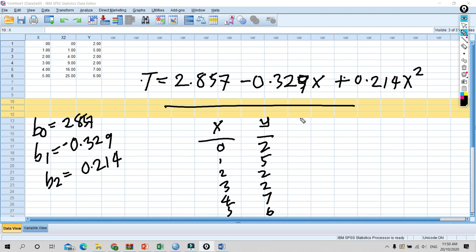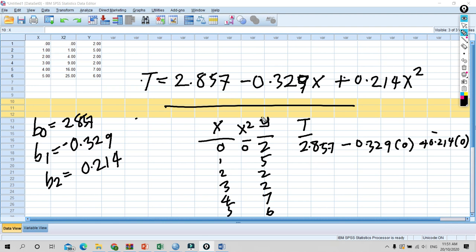Then for the trend line, we just apply this formula. The first one is 2.857 minus 0.329 multiplied by 0 plus 0.214 multiplied by 0, because x squared is equal to 0.